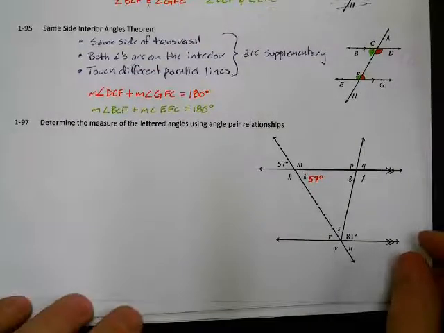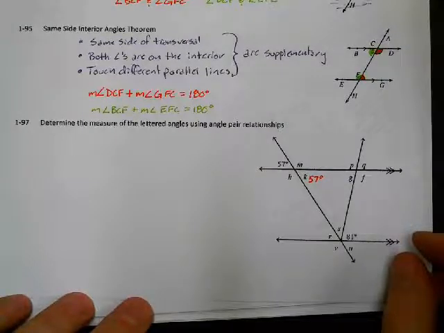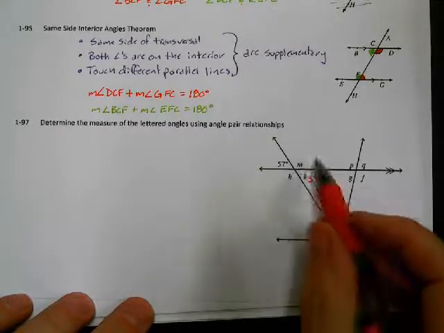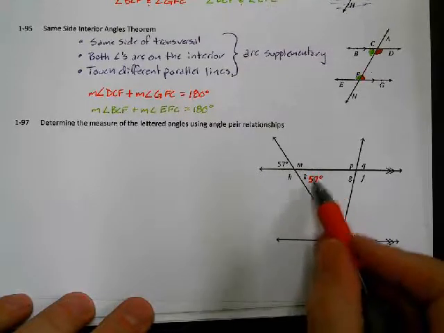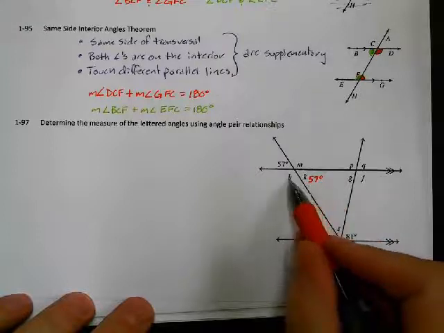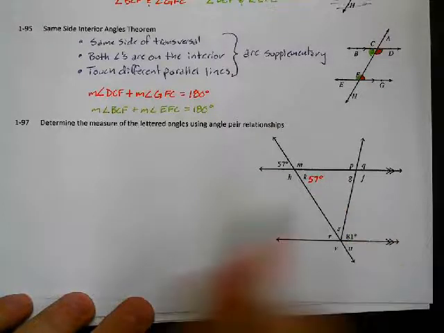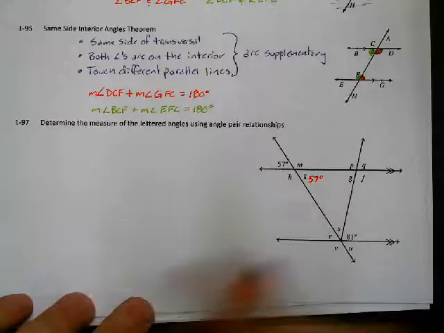Let's move on to our next one, which would be the linear pairs. So we've got linear pairs up here. This one and this one together make a straight line. So if this is 157, this and this have to add up to 180 degrees. So what's that going to be, 123? I think it's 123.